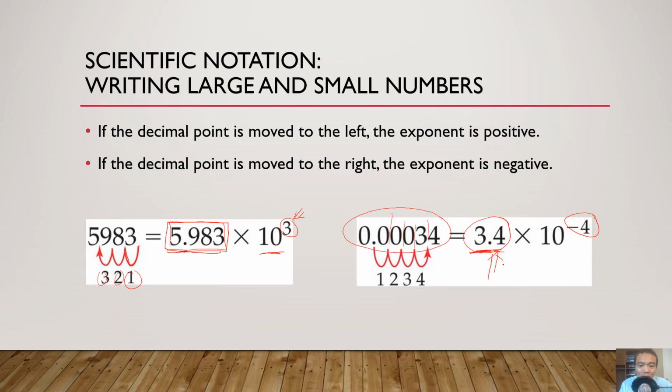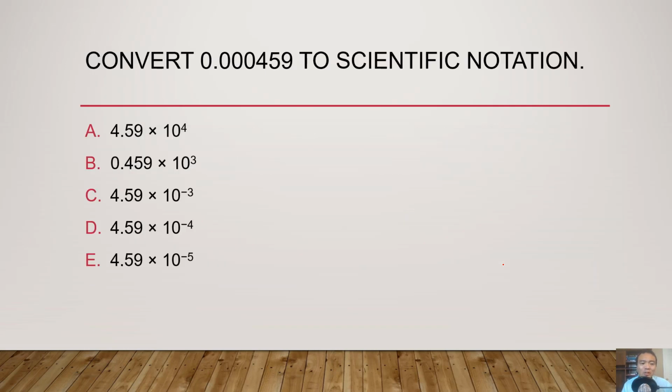Let's look at one question. In this question, we want you to convert this specific number to scientific notation. So let's do this step by step. 0.000459. So you want to convert it to scientific notation. Do remember, scientific notation must have a decimal part or pre-exponent number between 1 and 10.